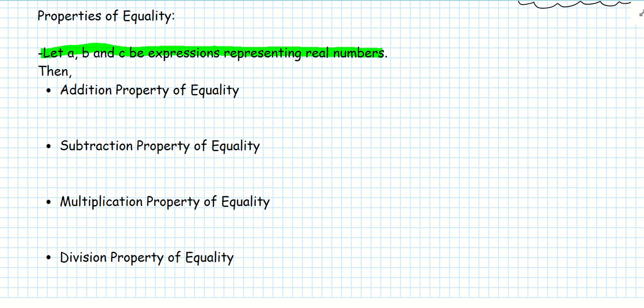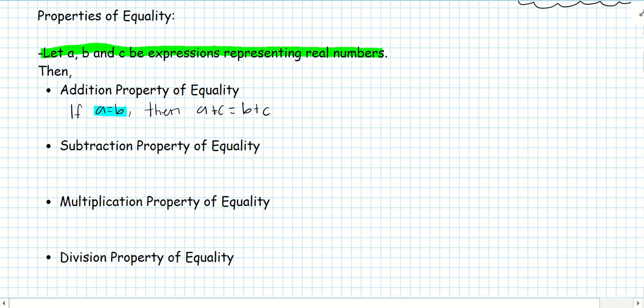So again, A, B, and C are just going to represent numbers. For the addition property of equality, we say that if A equals B, then A plus C equals B plus C. Notice that I originally only had A equals B. This was my original equation, with only A on the left side of the equal sign and B on the right side.